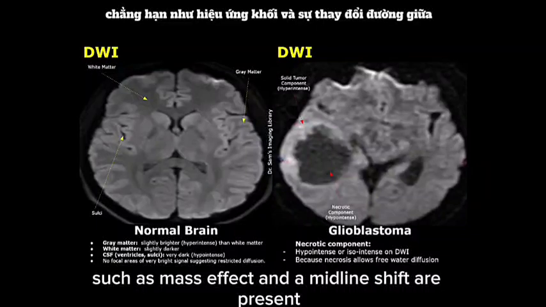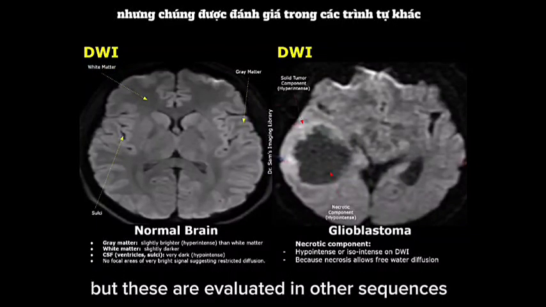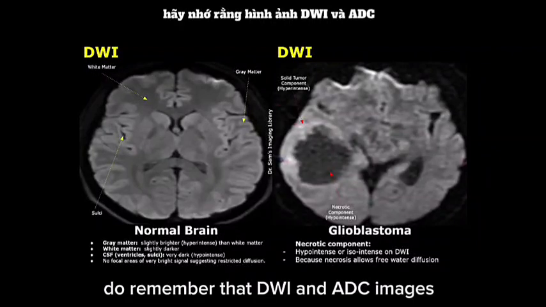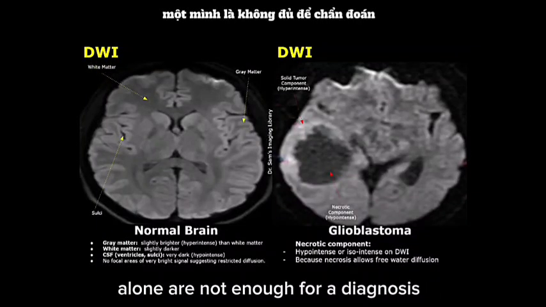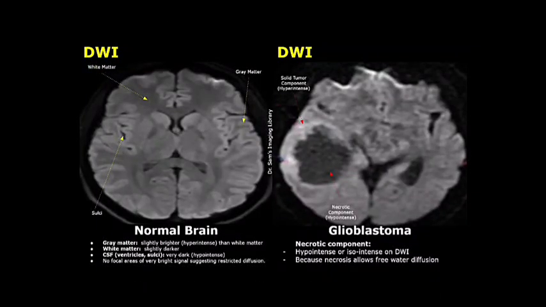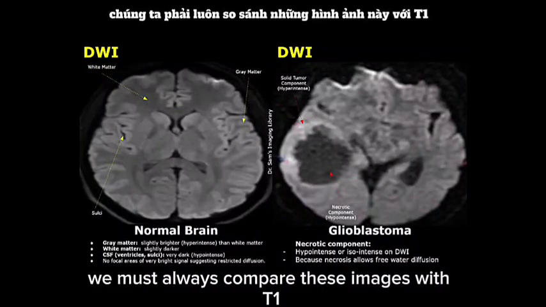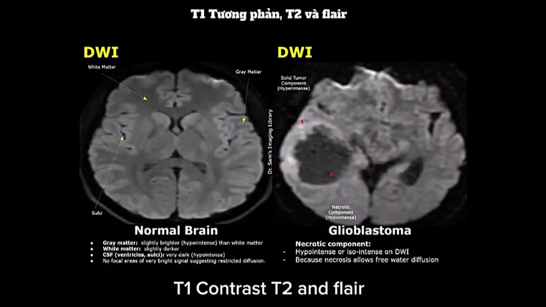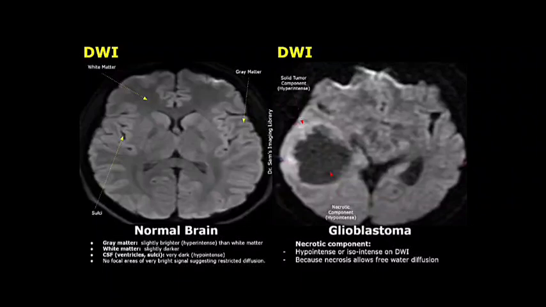Other findings, such as mass effect and a midline shift, are present, but these are evaluated in other sequences. Do remember that DWI and ADC images alone are not enough for a diagnosis. We must always compare these images with T1, T1 contrast, T2, and FLAIR.